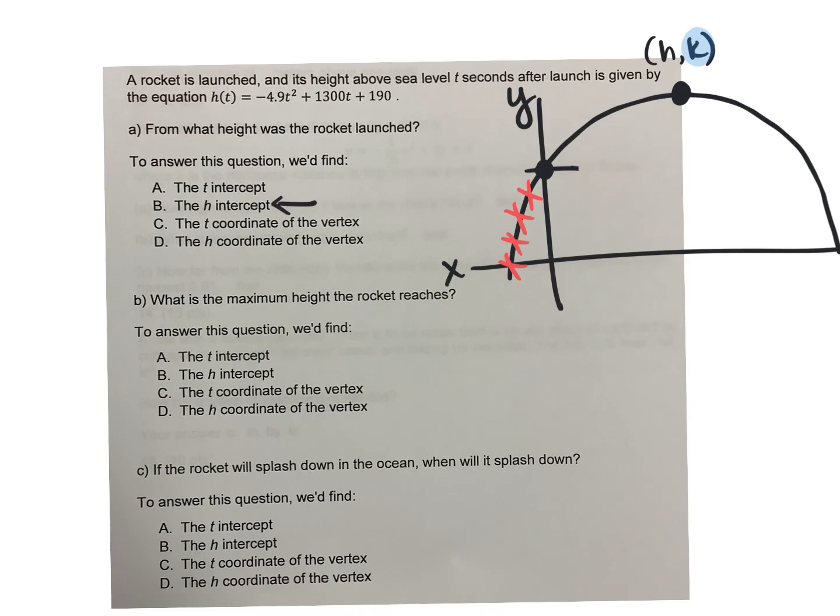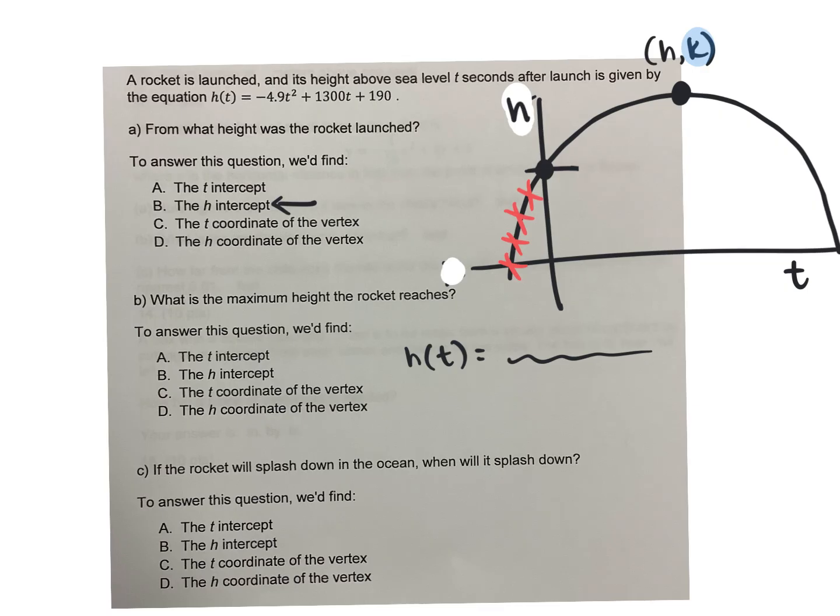Okay, I see where this is going to be a problem. Our equation is h of t is equal to the equation that they give you. With respect to this, the t is on your x-axis, so we're going to erase the h. And the h is on your y, which is confusing.